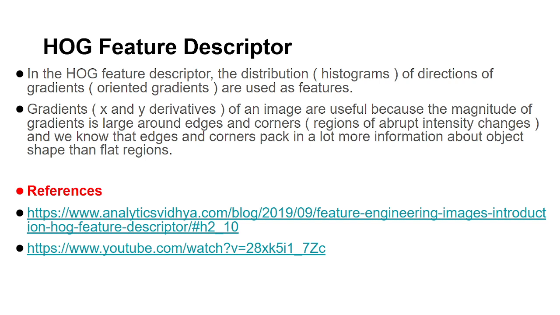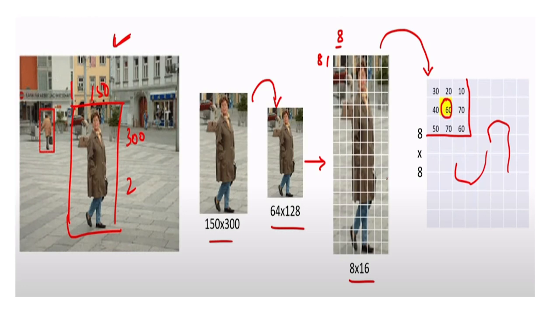Gradients of images are useful because the magnitude of the gradient is large around edges and corners, and we know that edges and corners pack in a lot more information about object shape than flat regions. Some references are given for your information.